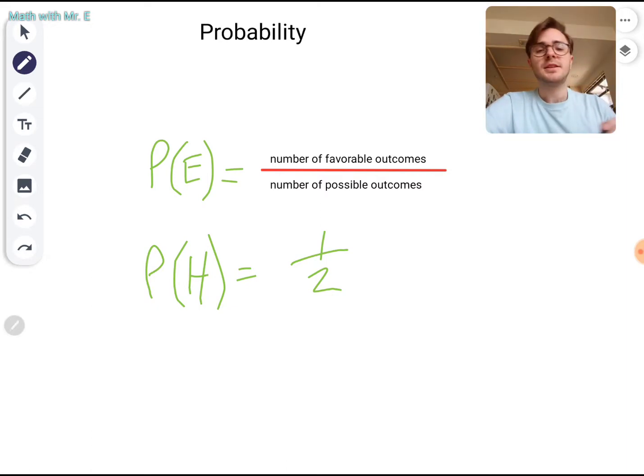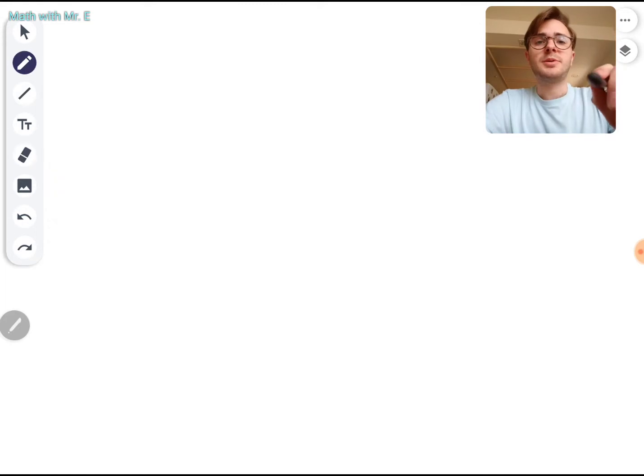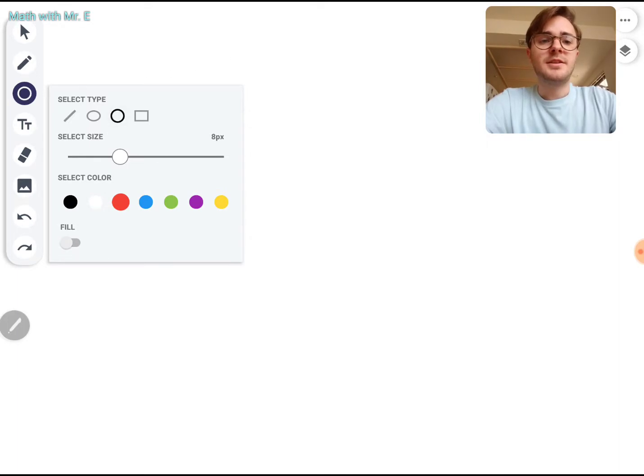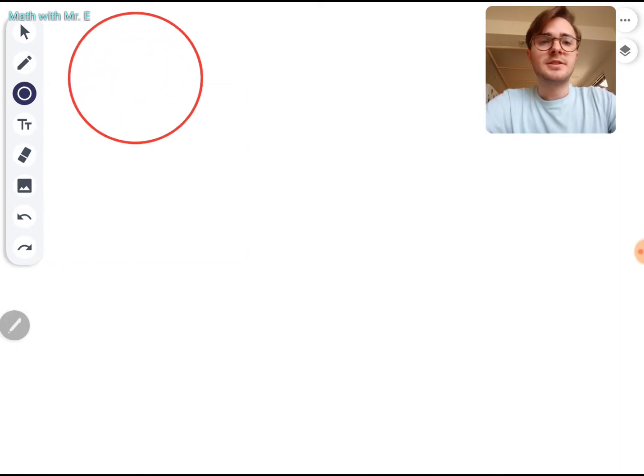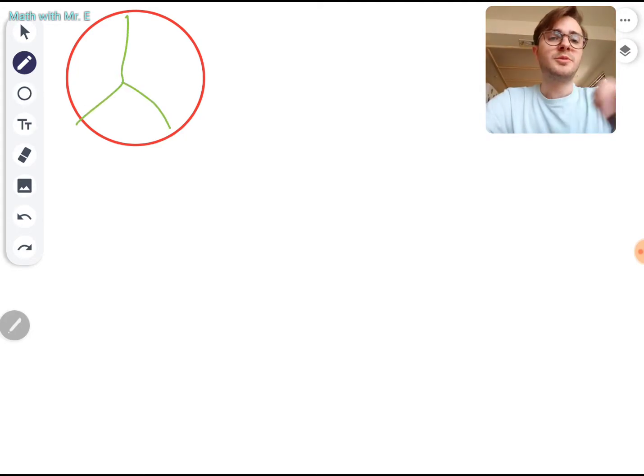Okay, so let's take a look at another example and the probability. So let's say we have a nice little spinner. So let's put a circle up there. Okay, so we've got a circle, and I know these aren't perfect, but we're going to say those are 3 equal spaces in this circle.